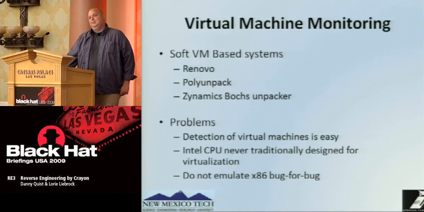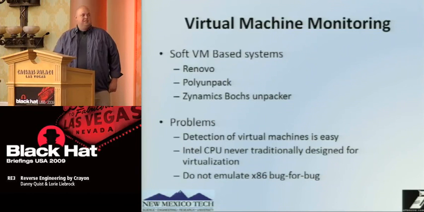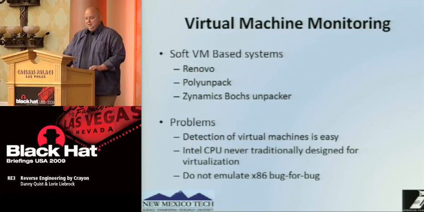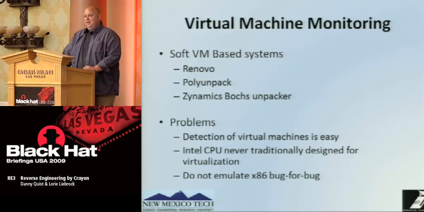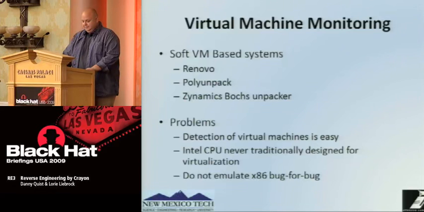So you either have to modify the virtualization system to prevent that sort of thing from being detected, or find some other way to get around that. The base problem is that the Intel CPU was never traditionally designed for virtualization, and so they don't emulate the x86 bug for bug. The hardware virtualization, which I am going to be using later in this, does take some steps to prevent that, but that was added on as an afterthought.